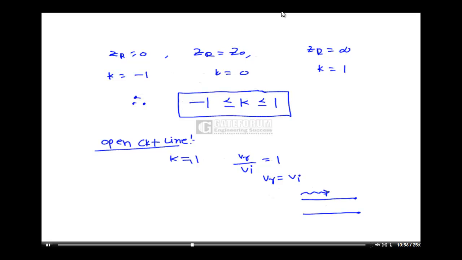What is the reason? Because the current is becoming 0 there. At the load end, current is 0. That's why when the input wave reaches the load end, the magnetic field suddenly collapses. This collapsing magnetic field produces an electric field.